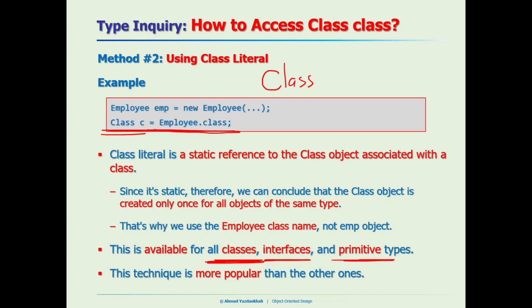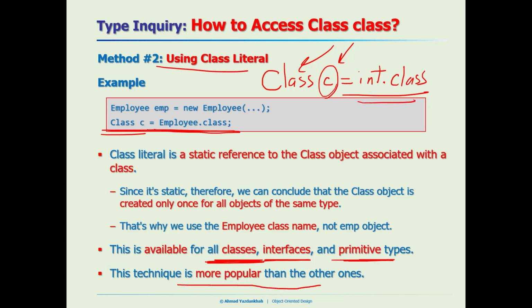So let's say Class c equal to, for example, int.class. It will give you exactly this class, and you can use this to get some information. We will take at least one example of what information I am talking about.